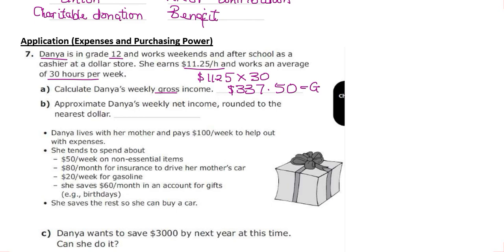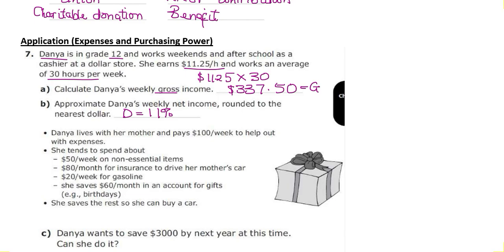The next question is to approximate this person's weekly net income, rounded to the nearest dollar. Say this person's gross income is under a bracket that has the deduction percentage equal to 11%.